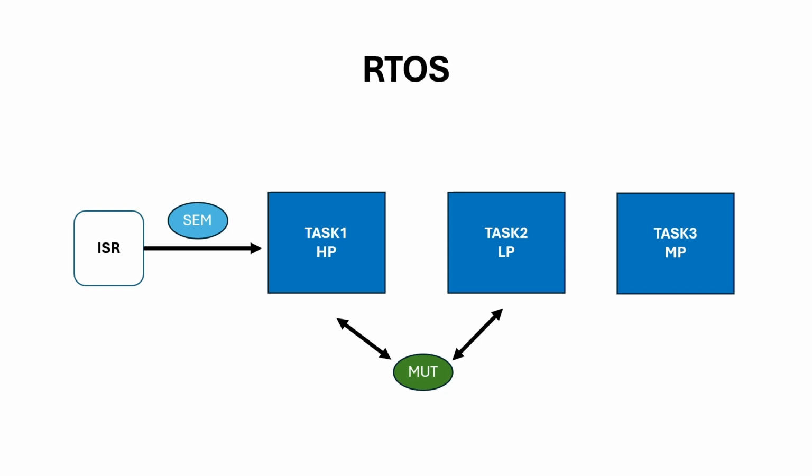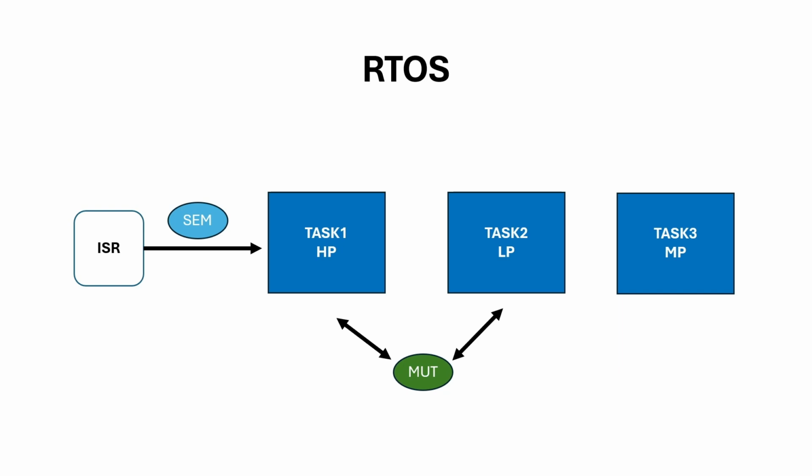And when you're using a mutex, you have priority inheritance, which means if task 1 needs a mutex and it's held by task 2, which is a low priority task, the task 3, which has a higher priority than task 2, won't be able to preempt that task 2 because the priority of task 2 is going to rise to the same level as the priority of task 1.